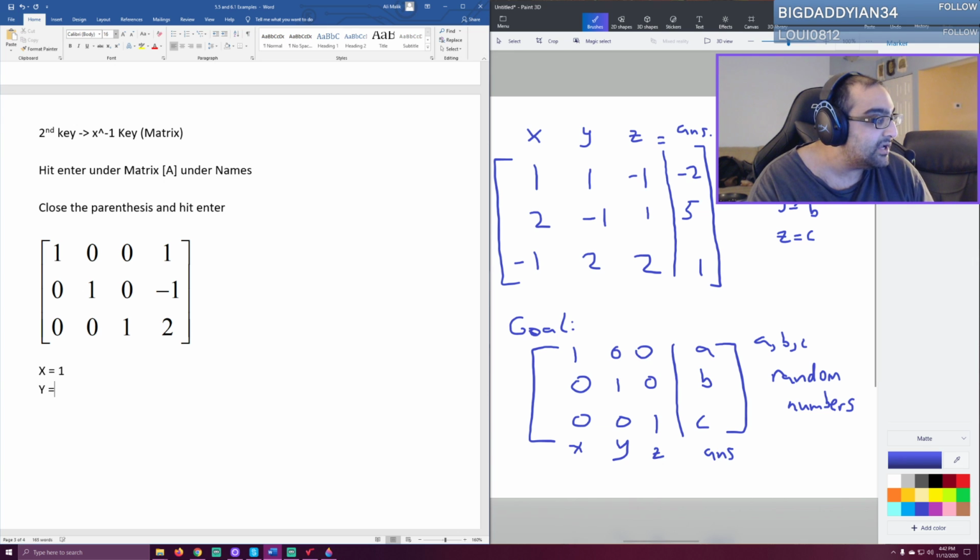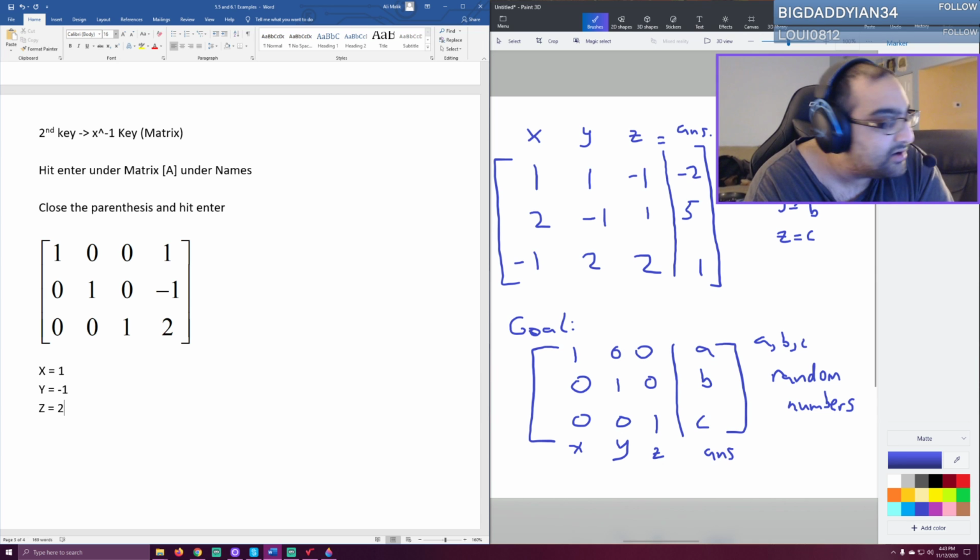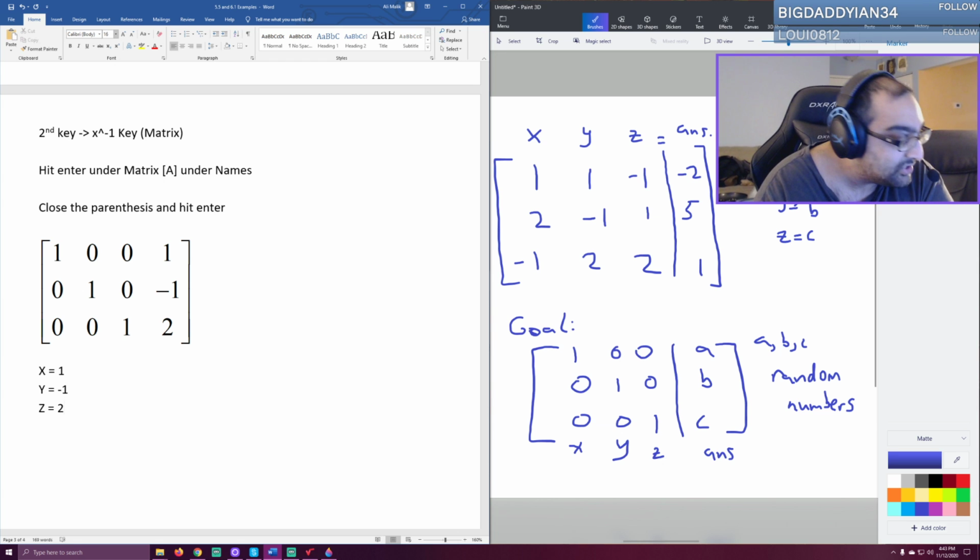We see y is equal to -1. And z here is going to equal 2. So this is our ordered set of x, y, and z that will satisfy those 3 equations and 3 variables, using row reduced echelon form to get down to our final answer.